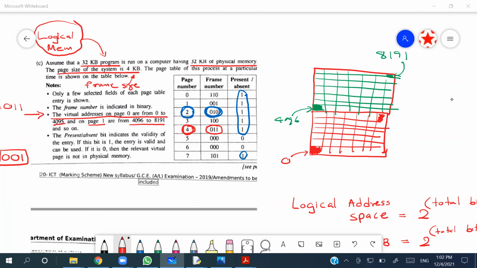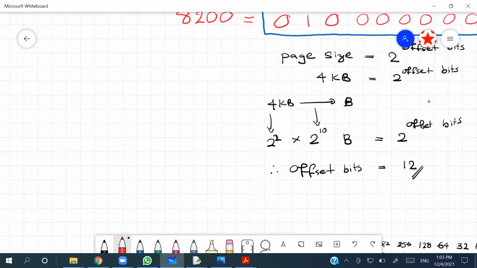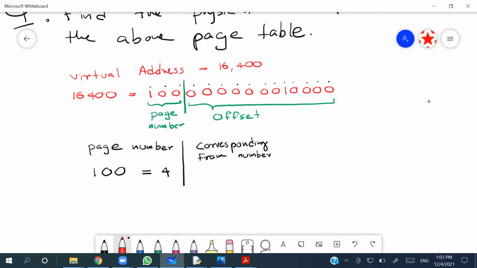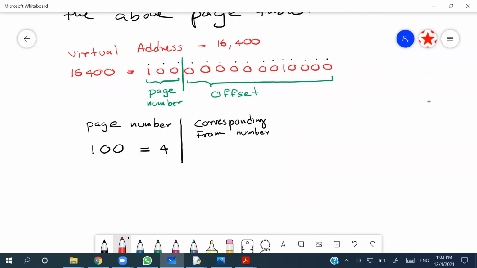Okay. Now it is a simple thing that we have to do. We take out the page number part and replace it with the frame number part. So we are going to write, therefore, physical address, right?